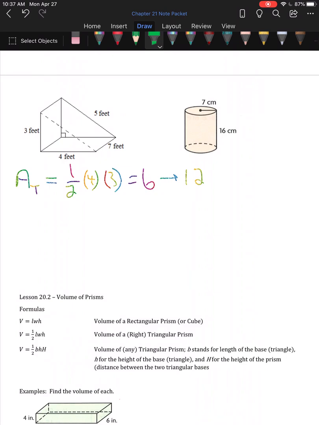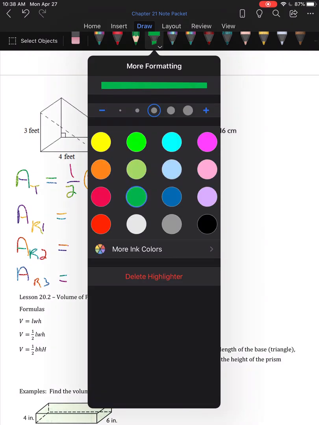Okay, step 3. Find the area of each rectangle individually. So I'm going to call these AR1, AR2, and AR3 for area of rectangle 1, area of rectangle 2, and area of rectangle 3. Here, it doesn't matter what order you go about them, just so long as you get all 3.